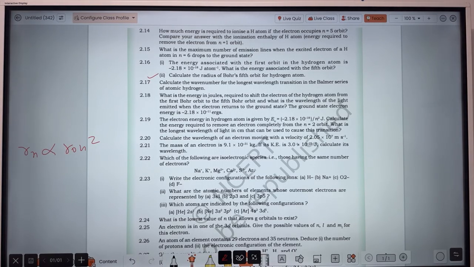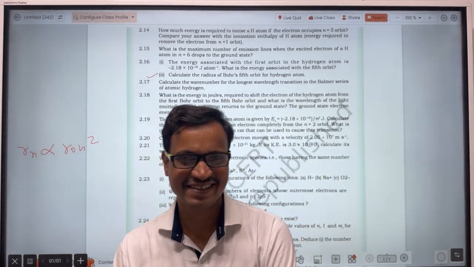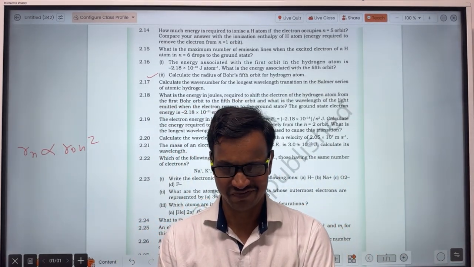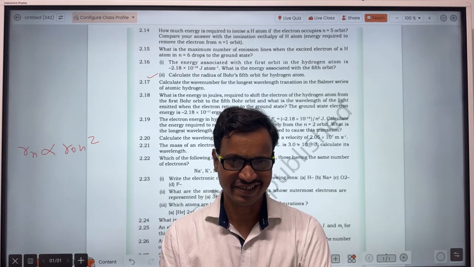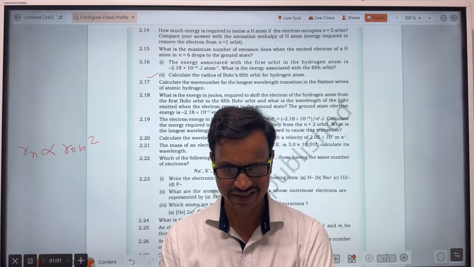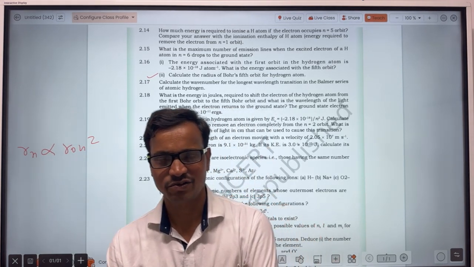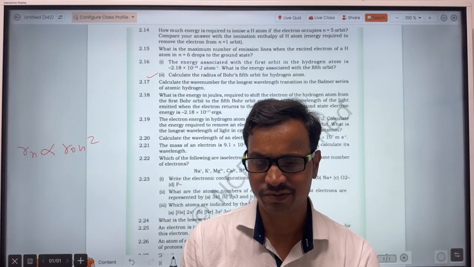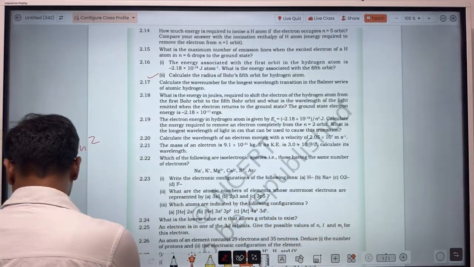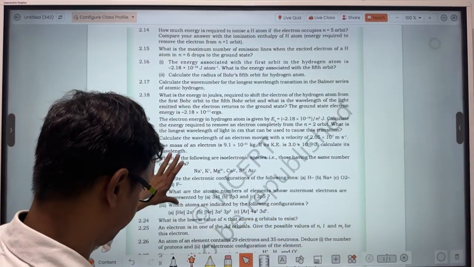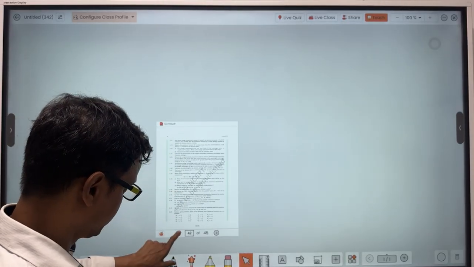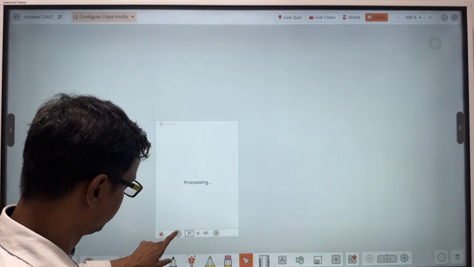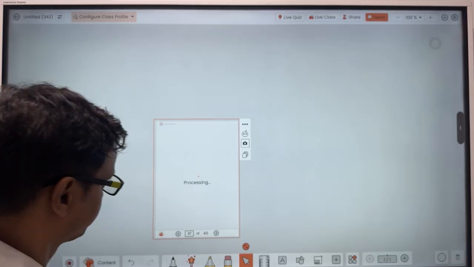Calculate the wave number of the longest wavelength transition in the Balmer series of the hydrogen atom. Okay guys, in the Lyman series, the electron falls from any shell to the first ground state, that is n equal to 1. We have discussed the hydrogen atom spectrum already.